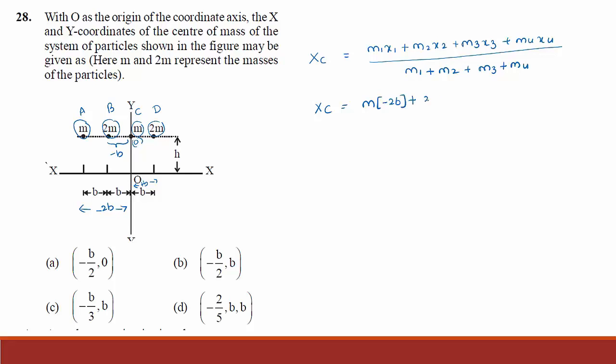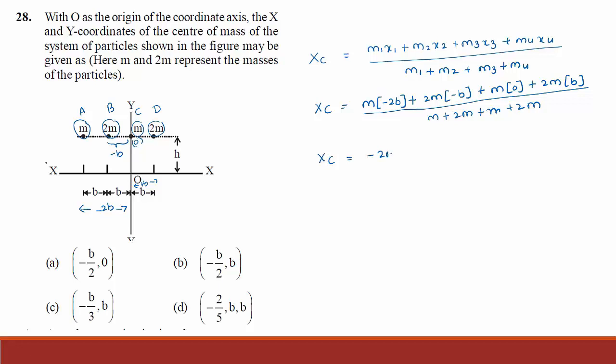Similarly, for second particle it is 2m and its position is minus b from the center, plus third particle is having mass m and its position is 0 from the origin, and the last particle is having mass 2m and its position is plus b from the origin, divided by the mass of each particle, that is m plus 2m plus m plus 2m.